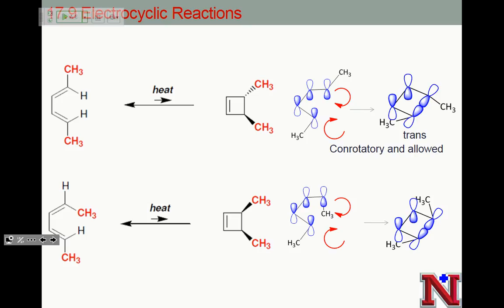This one started also pointing down, so when we turn it clockwise, it's also going to be up. So it's based on where our groups originally started. So under heat conditions, this 2 pi system, based on the molecular orbital diagram, has to be conrotatory. You don't need to memorize this because you could just draw the diagram and see what's symmetry allowed.